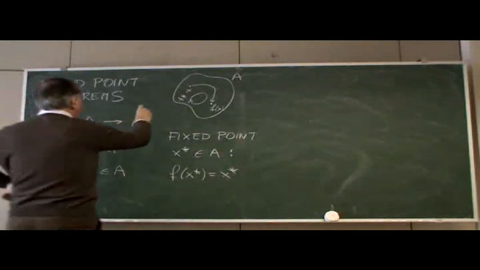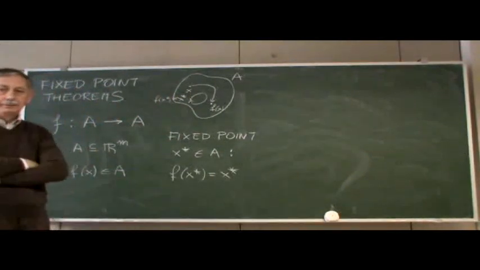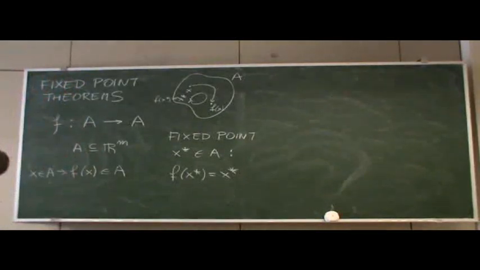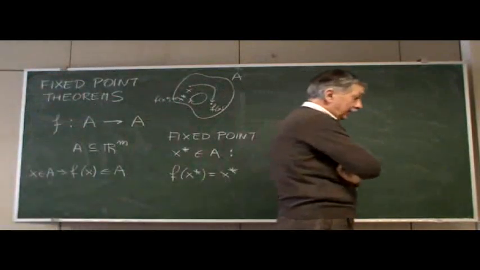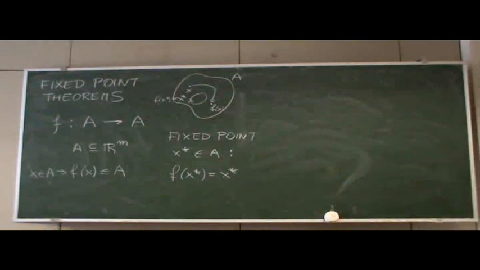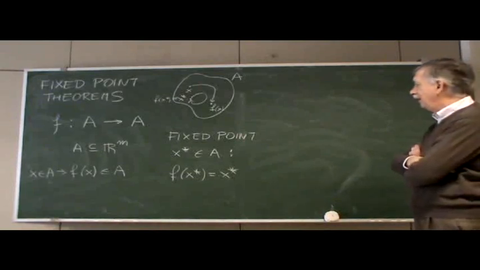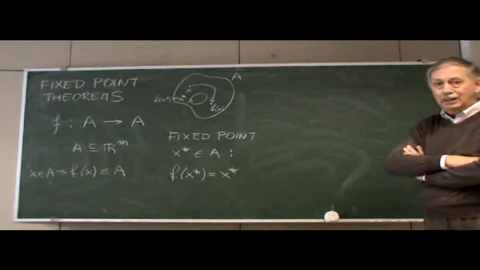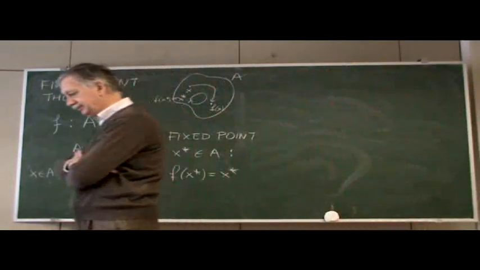In this case, you have that f of x star is equal to x star. Is it clear? This is the definition of a fixed or unit point for a function, the traditional function, which associates with every element of A one and only one element of A itself. This is the definition.